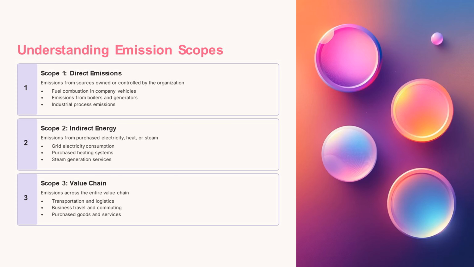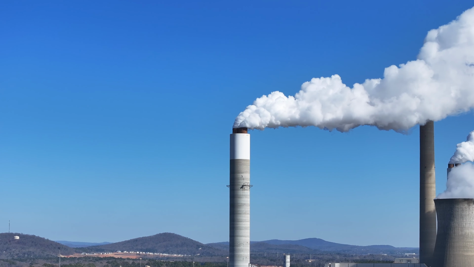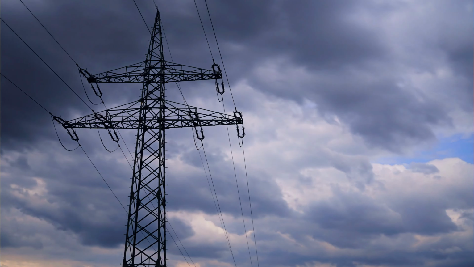Scope 1, direct emissions. These are emissions that occur directly from sources owned or controlled by the organization. Examples include fuel combustion in company vehicles, emissions from boilers and generators, and industrial process emissions. Scope 2, indirect energy emission. These emissions occur from generation of purchased electricity, heat, or steam used by the organization.